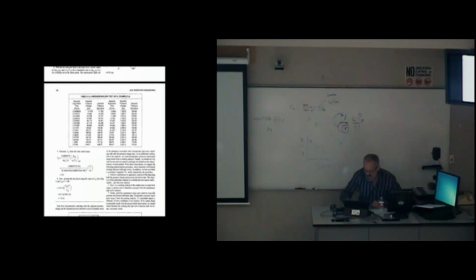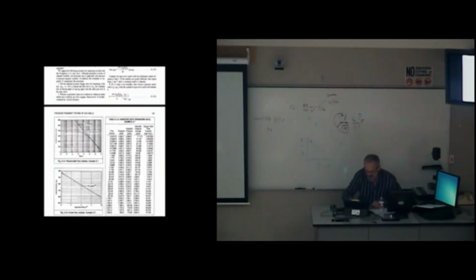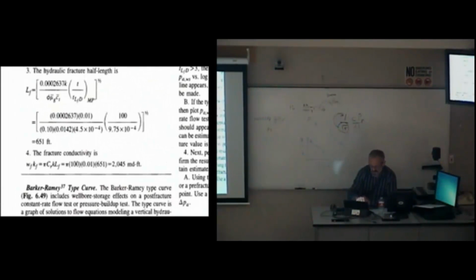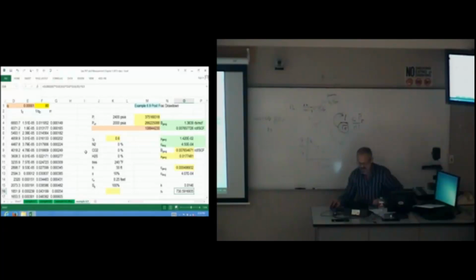Oh, I see. 651. And we're getting 730. Again, I said we're going to get higher because we're using a higher perm. If we kick in 0.01, we're going to get a lower number. Okay, so the textbook didn't realize we could get perm all on our own.